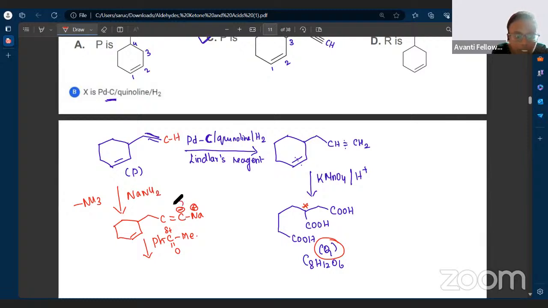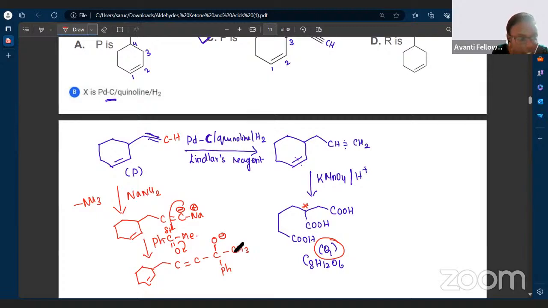This negative charge will take up the positive charge to form C double bond C bond C bond O minus CH3 Ph. This is what I'll be getting.